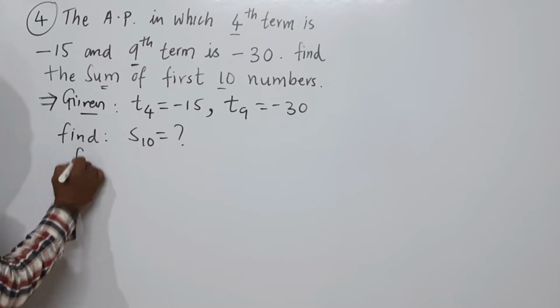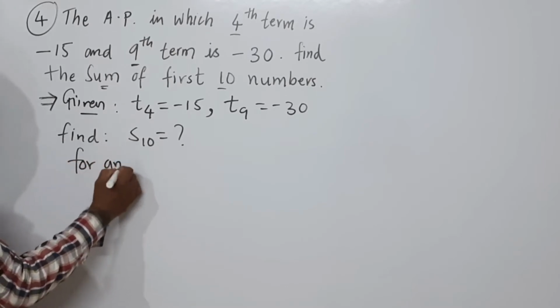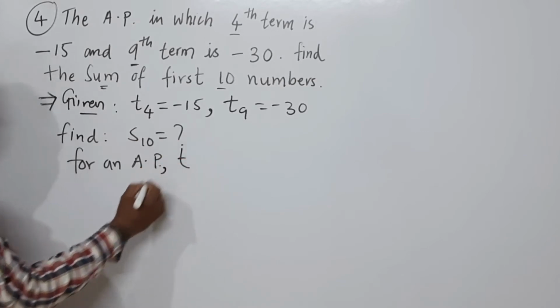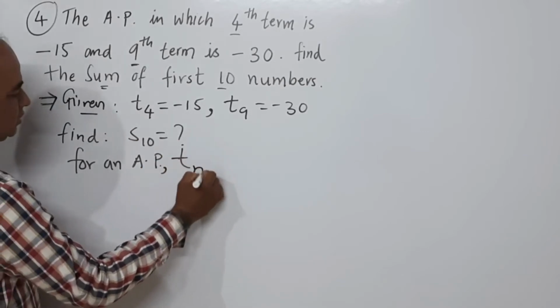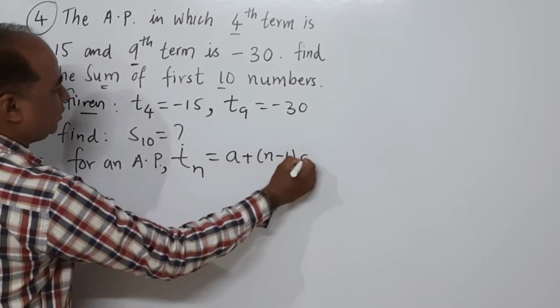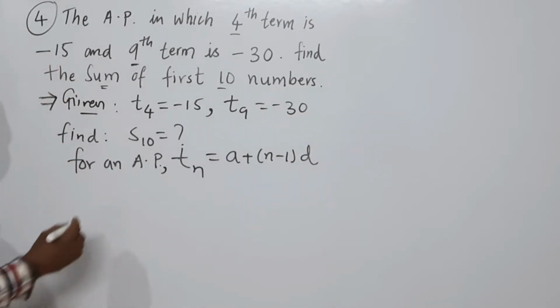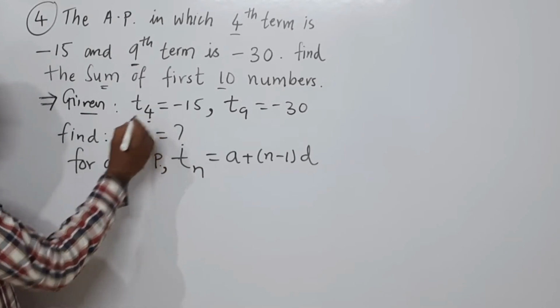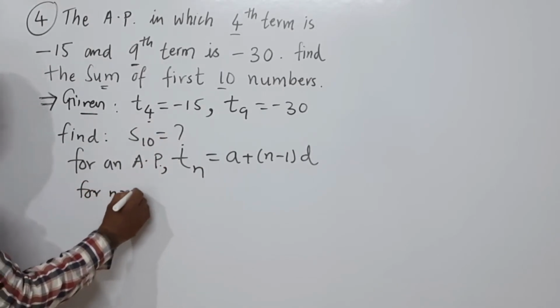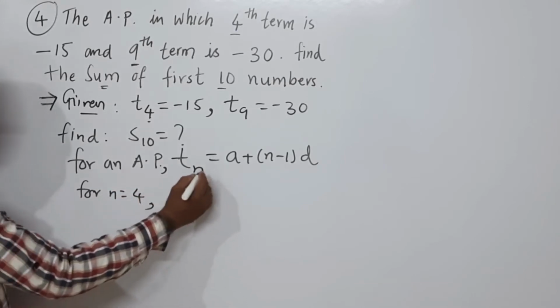Now we know that for an arithmetic progression, the nth term of a sequence is given by the formula Tn is equal to A plus n minus 1 into D. Now for n is equal to 4, substitute the value of n is 4 in the formula.